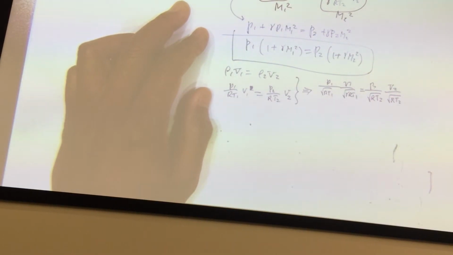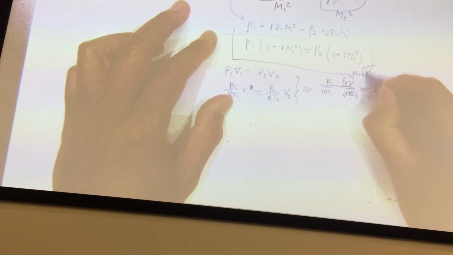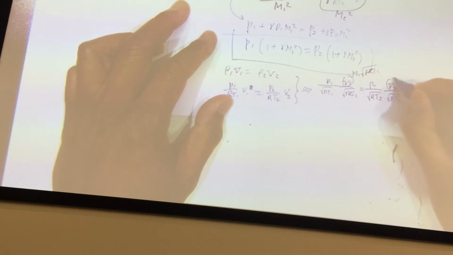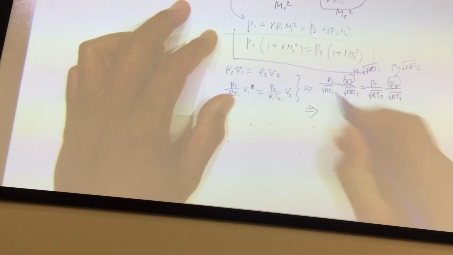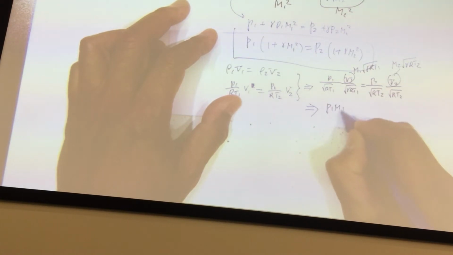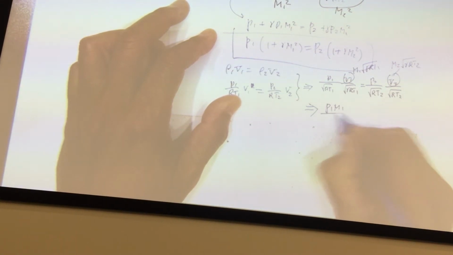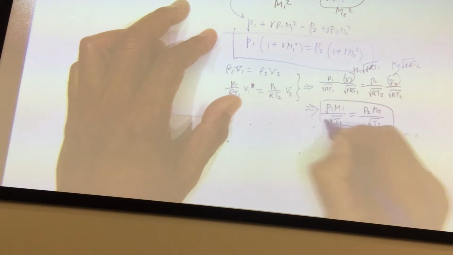But V1 is equal to M1 square root of gamma RT1, and V2 is equal to M2 square root of gamma RT2. So after some manipulation, it's only one step away. So you have P1 M1 over square root of T1 equal to P2 M2 over square root of T2. This is your continuity equation.